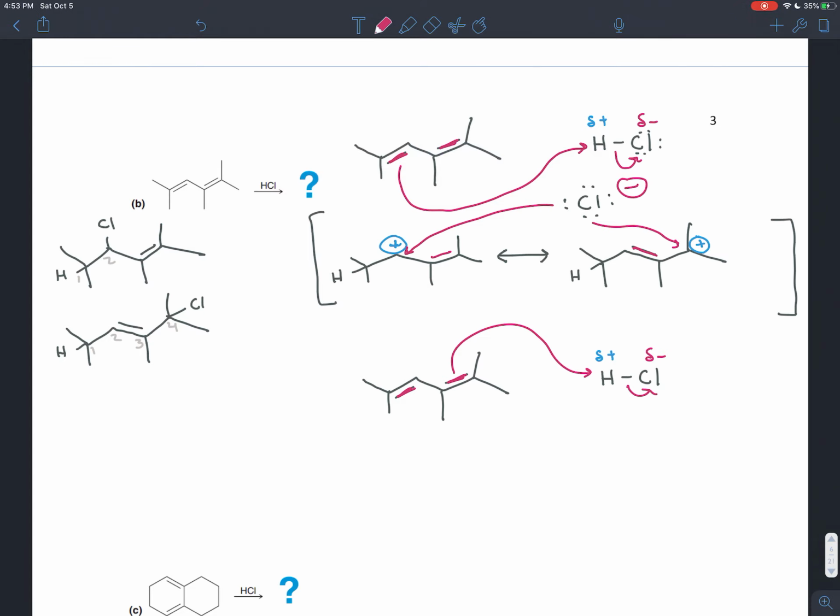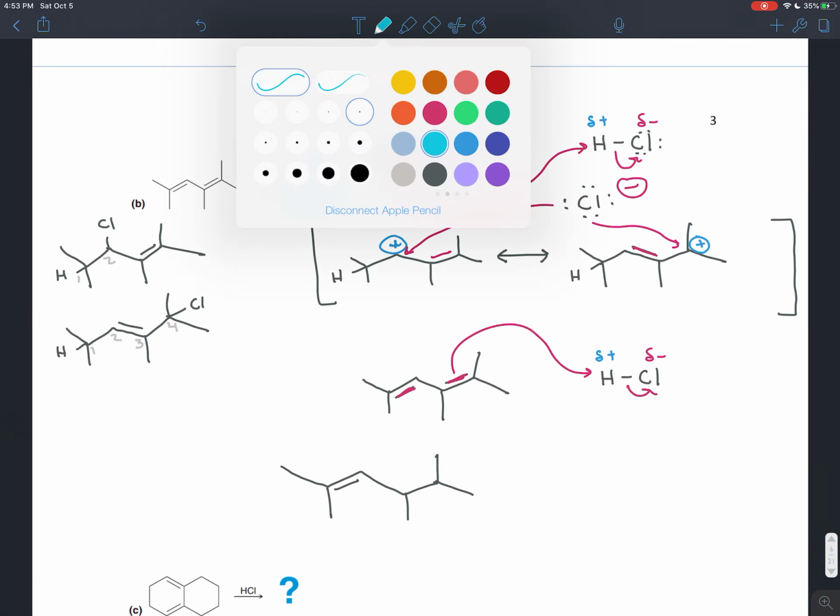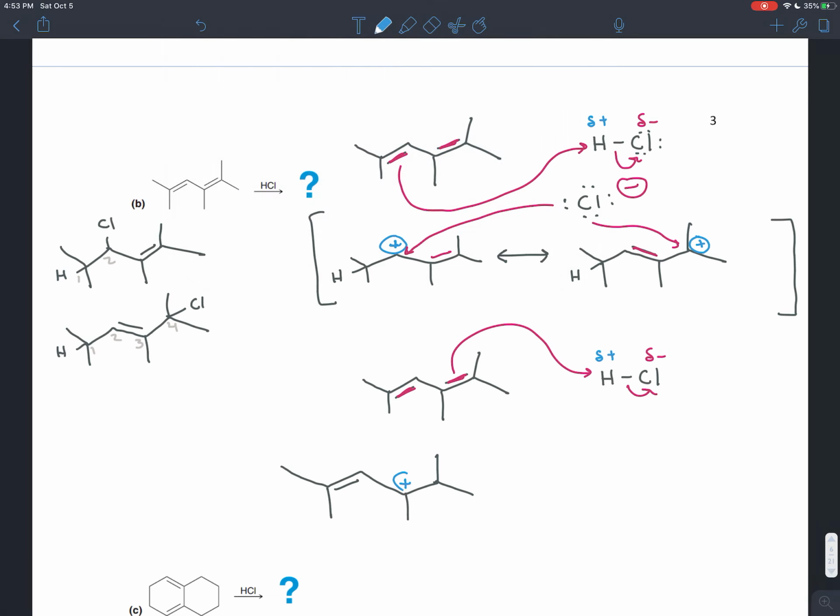Well, in that case, the hydrogen loses its electrons, and the hydrogen is going to go to the carbon that produces the most stable carbocation. And the most stable carbocation is the allylic carbocation, because that is stabilized through resonance.